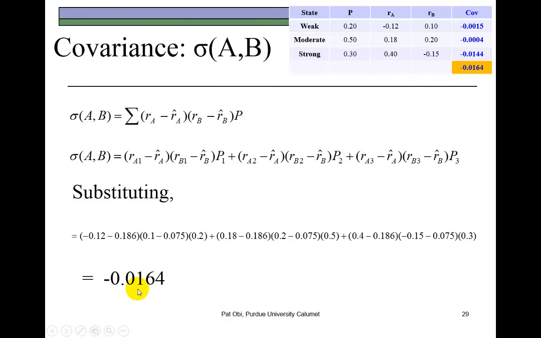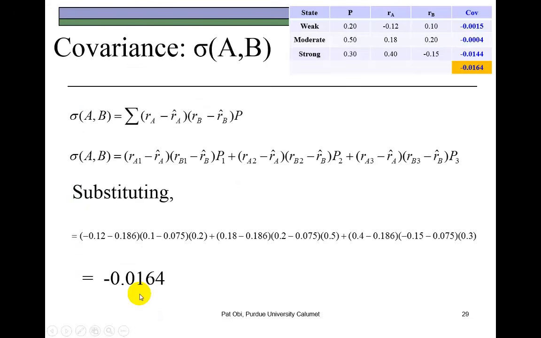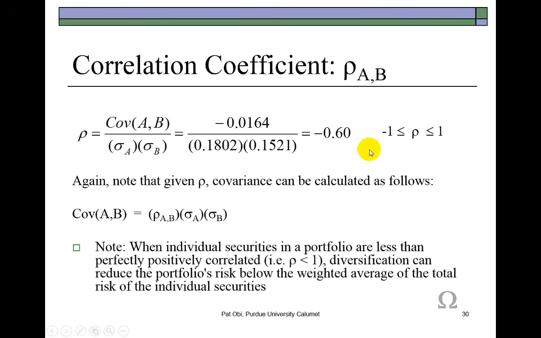So these two securities right here, A and B, using probability distribution, have a negative covariance. So they move in different directions. But the degree to which they move in different directions, we would have to verify using the correlation coefficient, which comes out to be negative 0.6.